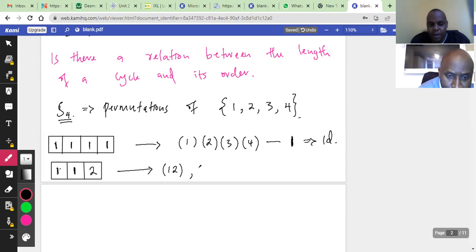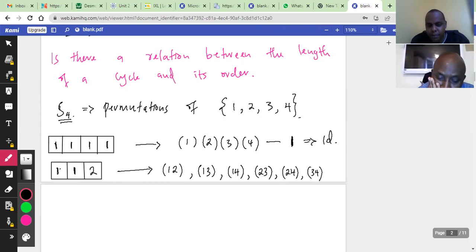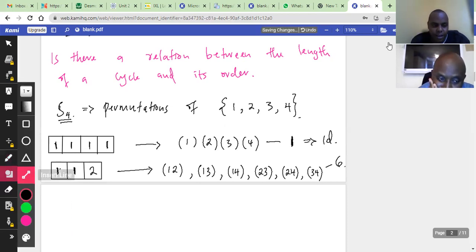You could also have (1 3), (1 4), (2 3), (2 4), and (3 4). That's 6 transpositions making up S4, right? What is the other way we could do it?